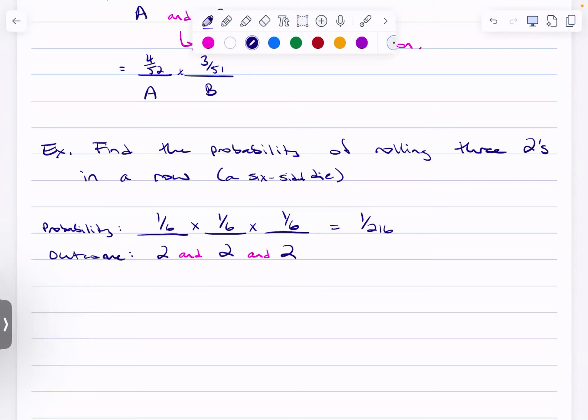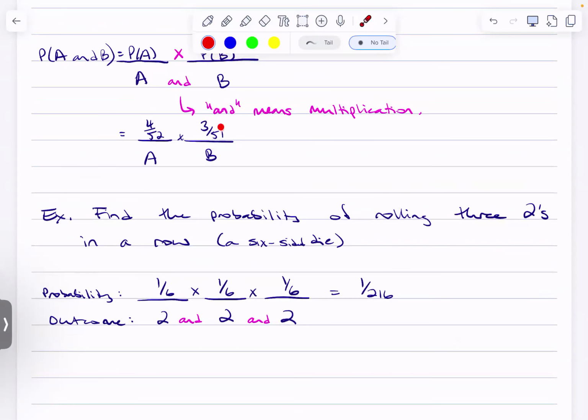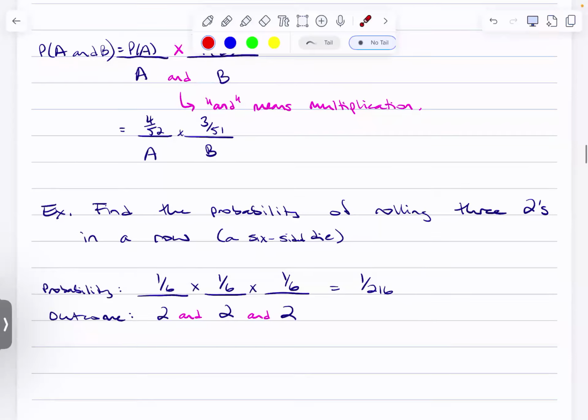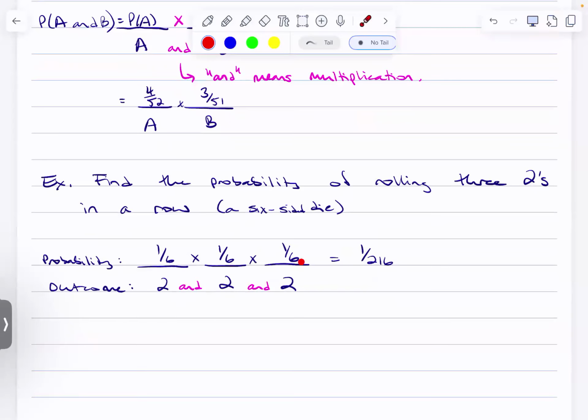All those probabilities stay the same. Sometimes we have to adjust the probability. That's what we'll call conditional probability, but the slots still work. Okay? Or if we have independent events, probabilities just keep staying the same.